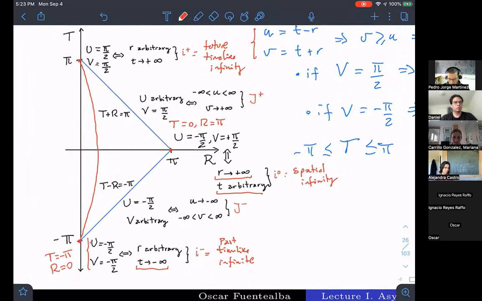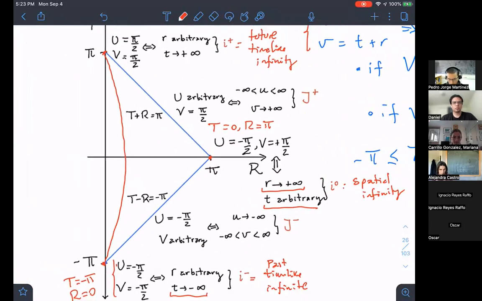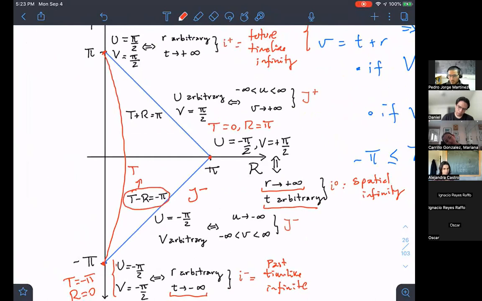And also we have these famous two lines. The first one is this one, what is called script I minus, and represents past null infinity. And we can see here that this is really a line equation with a positive slope.